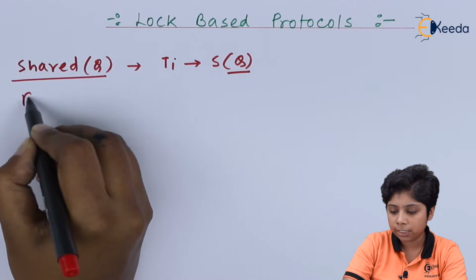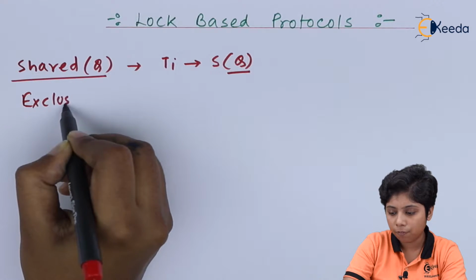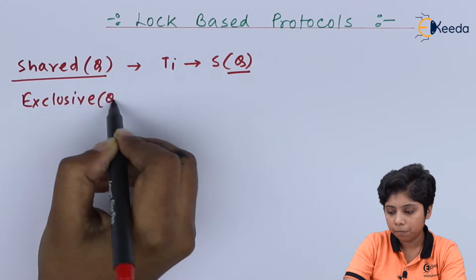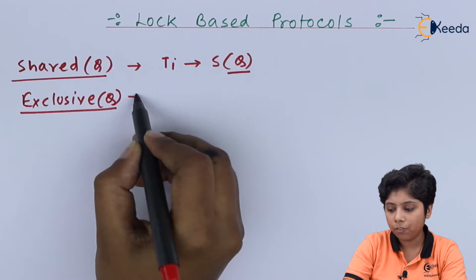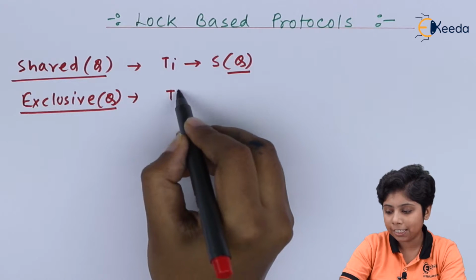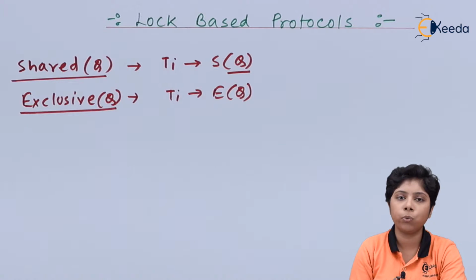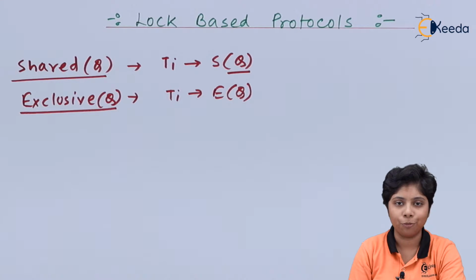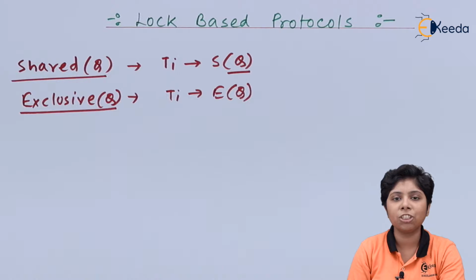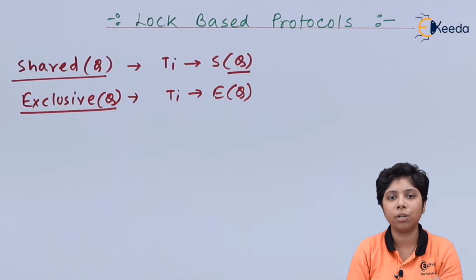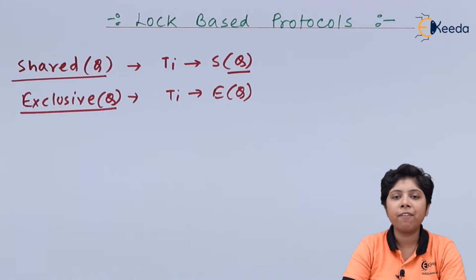Now, if there is an exclusive lock on Q, then Ti has an exclusive lock X(Q), so it can both read and write the data item Q. That means when a transaction has a shared lock, it can only read the data. When we have an exclusive lock on a particular data item, we can both read and write.